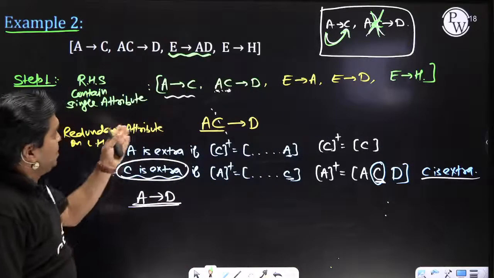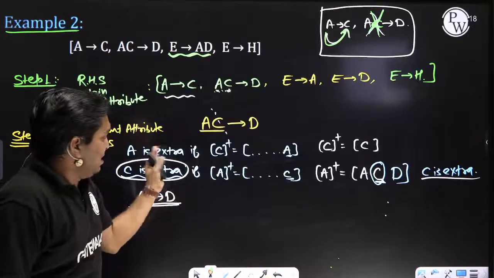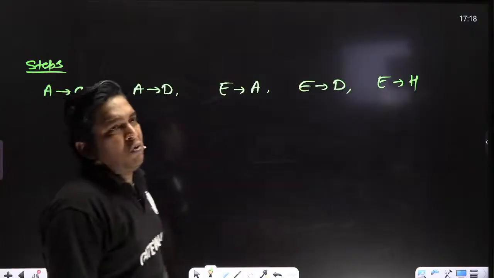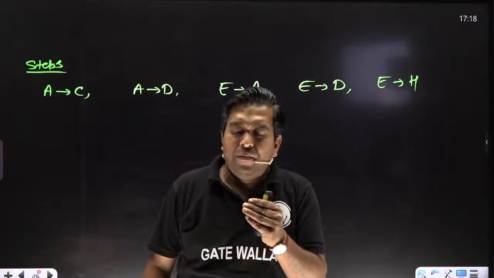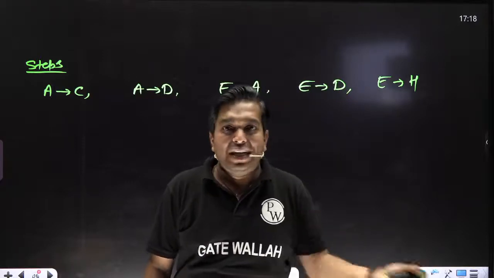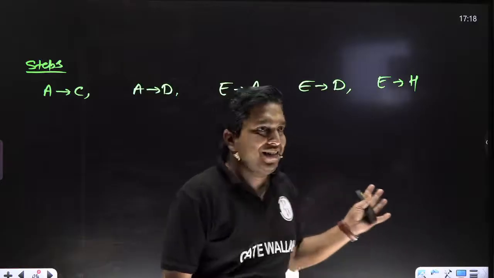You can prove it by this method also: AC to D, C plus contains A, then A is extra; if A plus contains C, then C is extra. Most students have half concept, but this is the full concept.